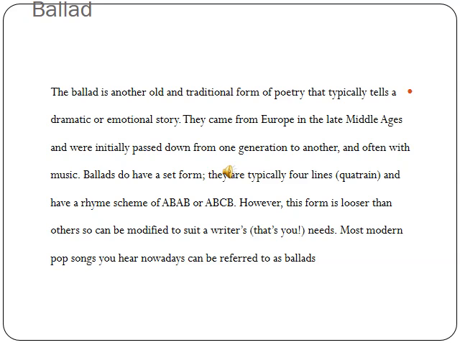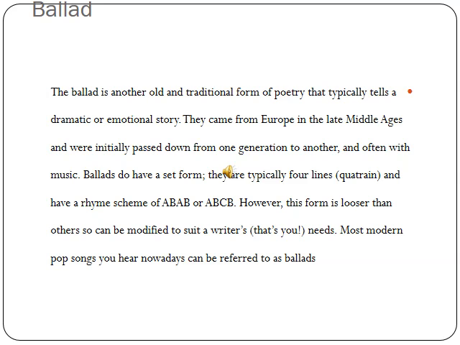And often they use it with music, as I told you, and it typically, not always, of course, includes four lines, okay, and the rhyme scheme is A-B-A-B or A-B-C-B. So it's according to the poet himself.